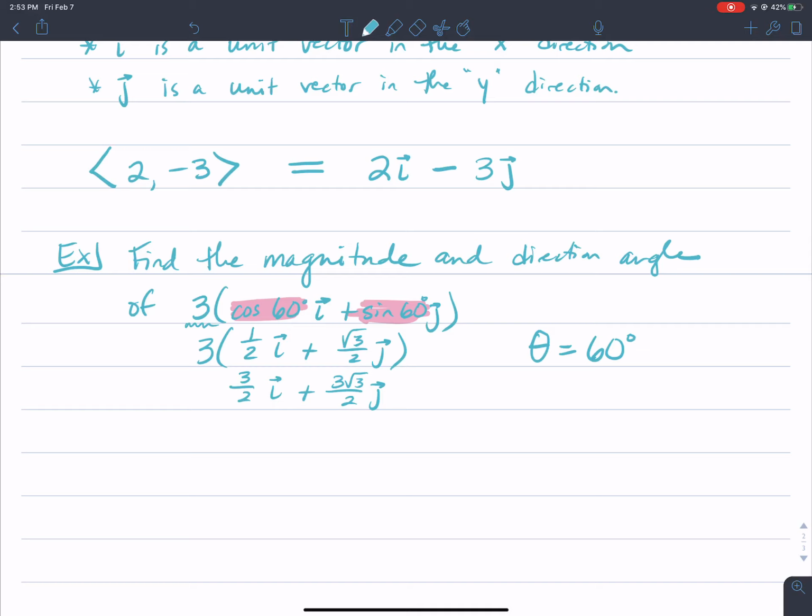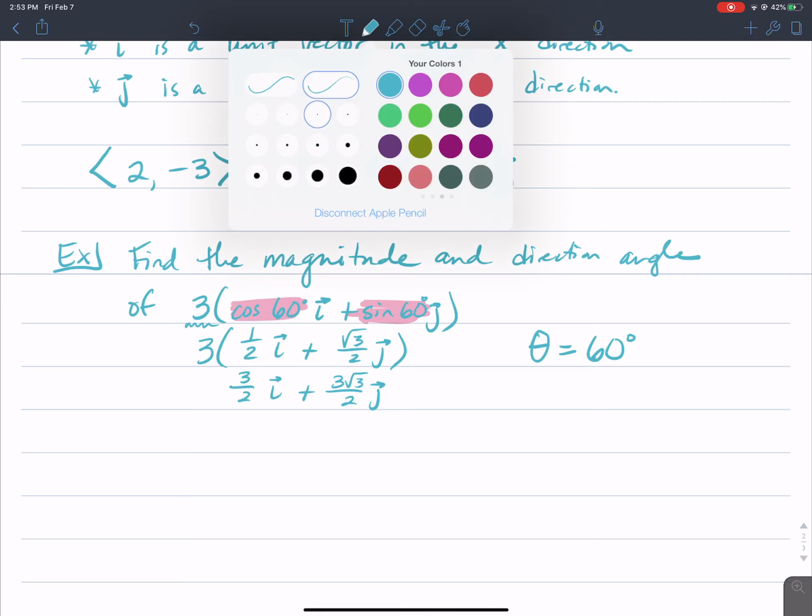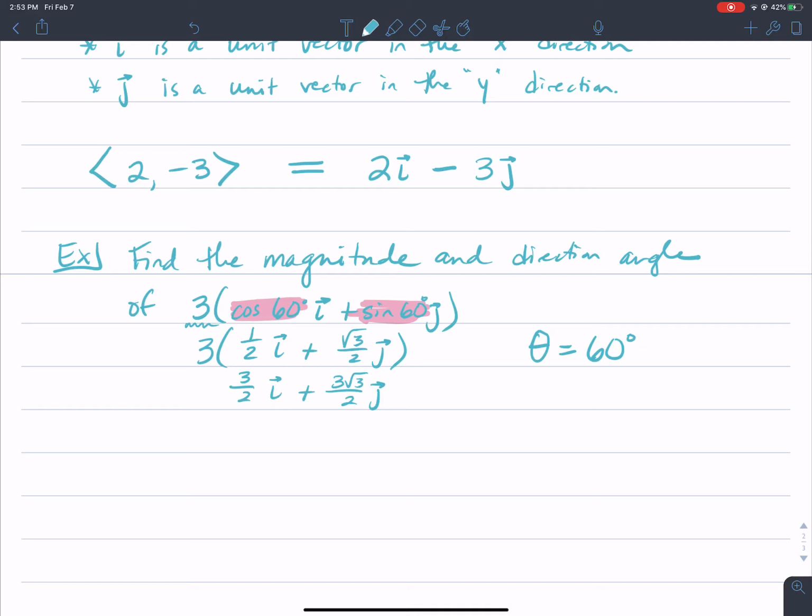The 3 times cosine 60 and 3 times sine 60. If you remember, this 1/2 is the length of x on the unit circle, and this √3/2 is the length of y on the unit circle.